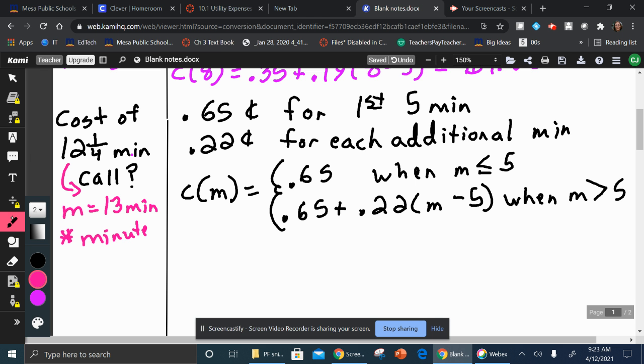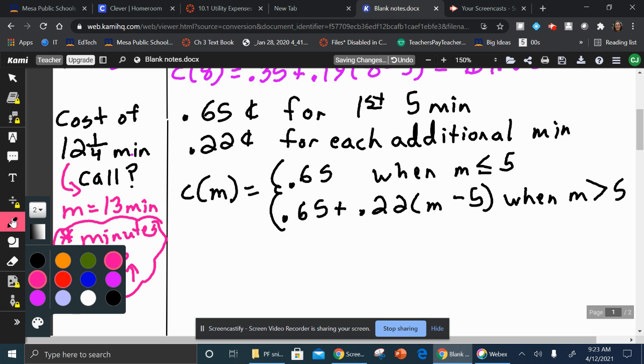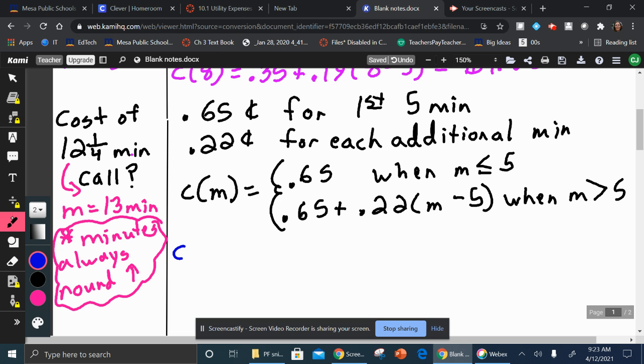So for minutes, everybody, always round up to the next number, to the next whole minute. Okay, so we're going to substitute in 13 times 65 cents plus 22 cents, 13 minus 5.